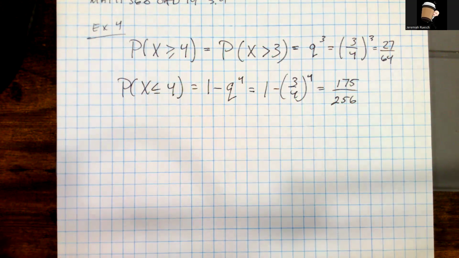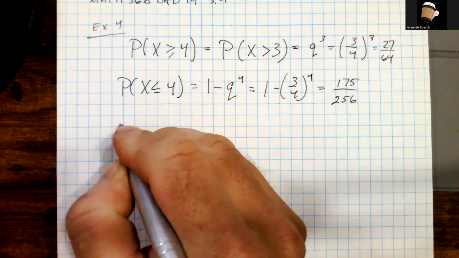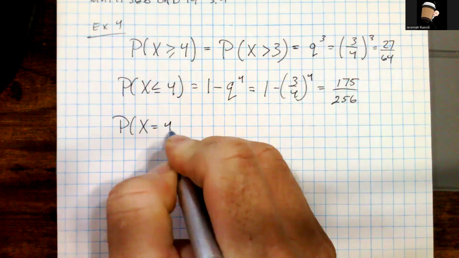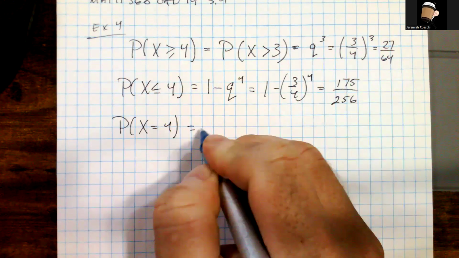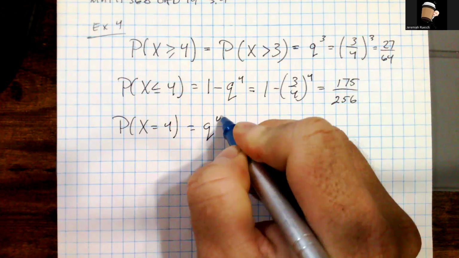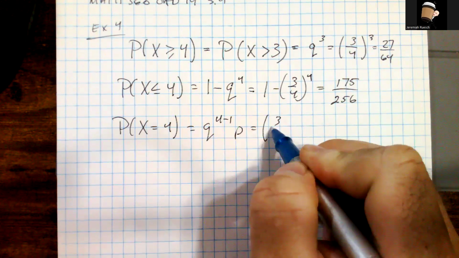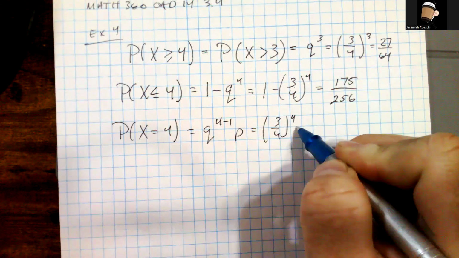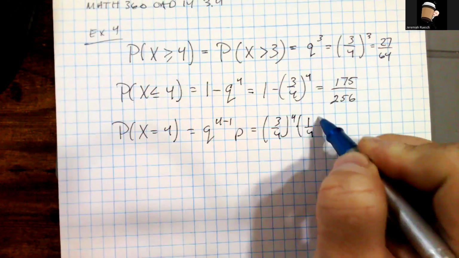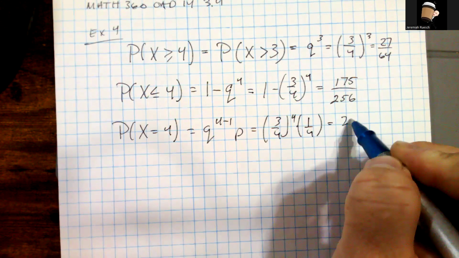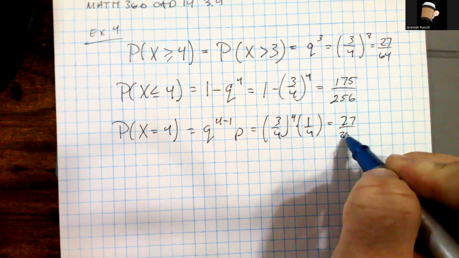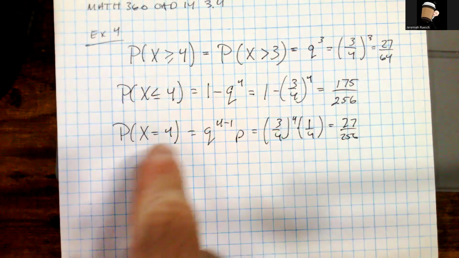So the probability that the first fly with white eyes is the 4th fly considered is P of x equals 4, which is q to the 4 minus 1 times p, which is 3/4 to the 3rd and 1/4, which is 27 over 256. That's exactly on the 4th trial.